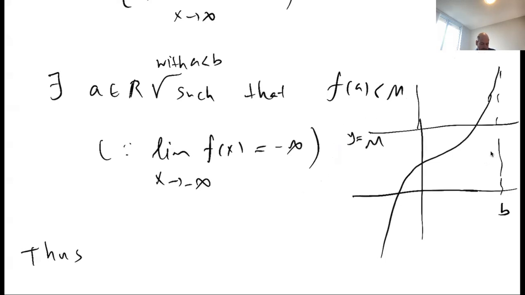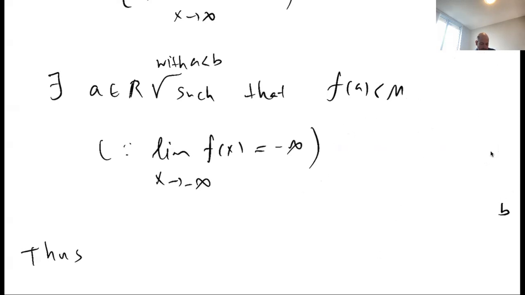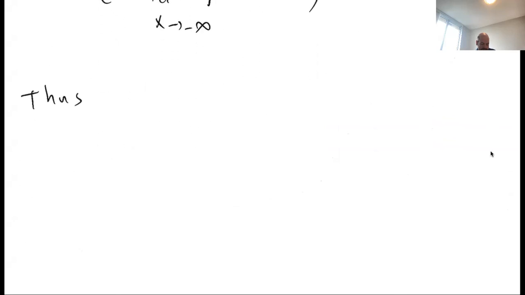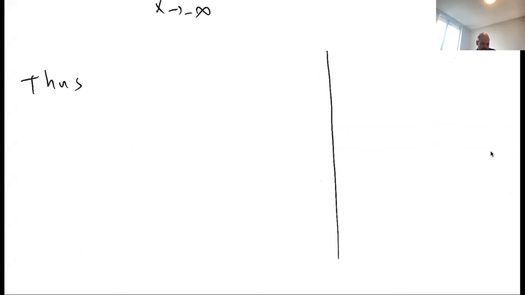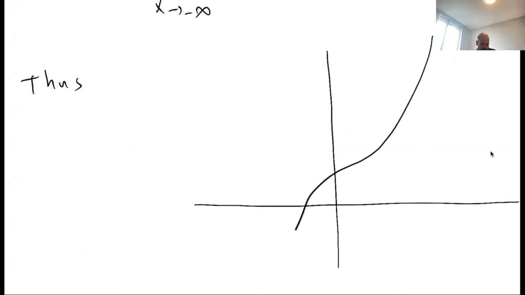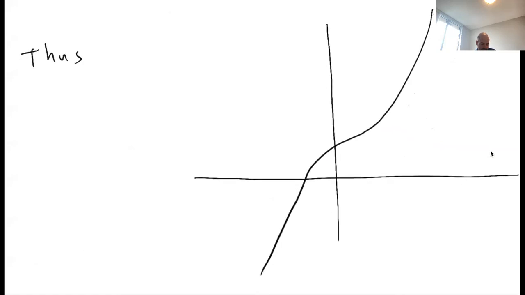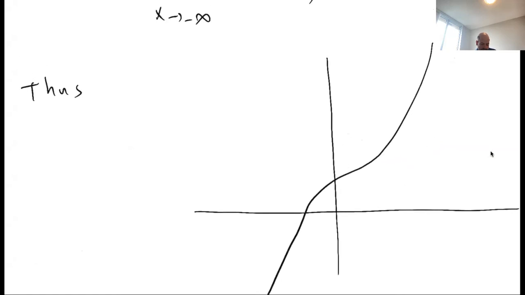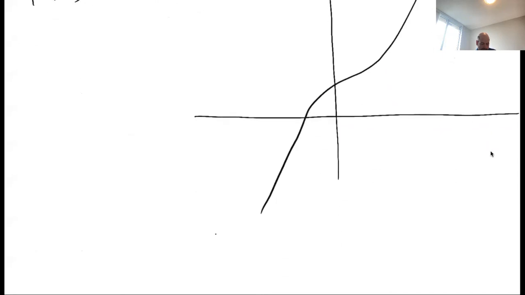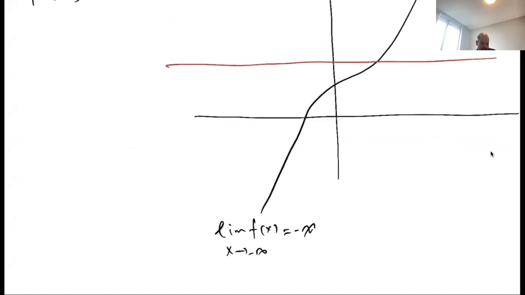Maybe I can draw the picture here. The limit of f of x as x approaches infinity is infinity. The limit of f of x as x approaches minus infinity is minus infinity. And m could be somewhere here.